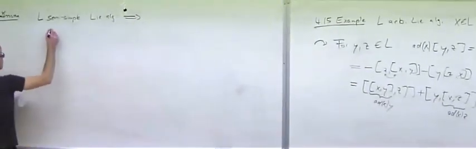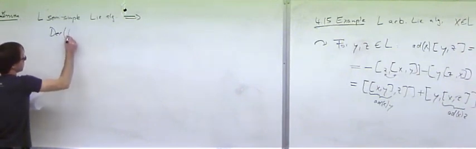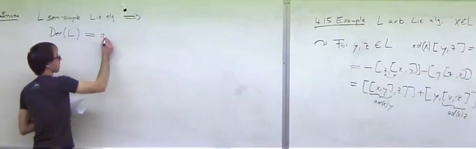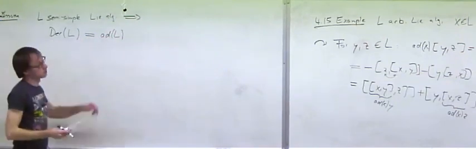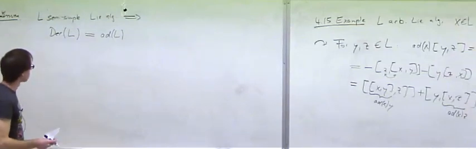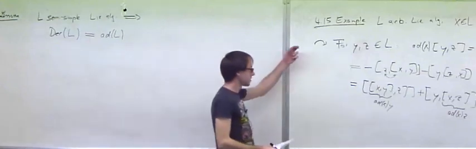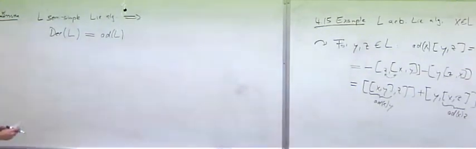Namely, then the set of derivations of L is just the set of operators of the form ad x for x an element of L. So in this special case, the example gives us every derivation. So this is really important.